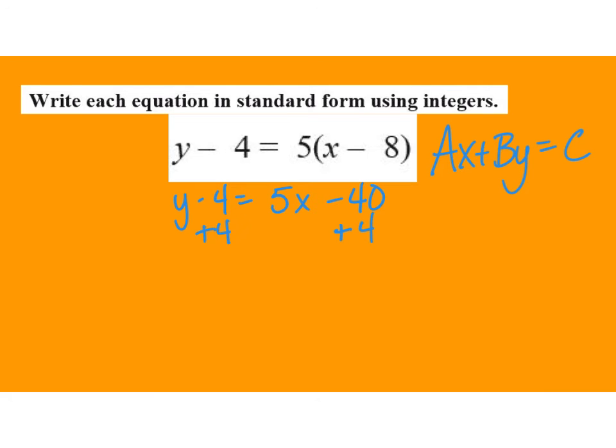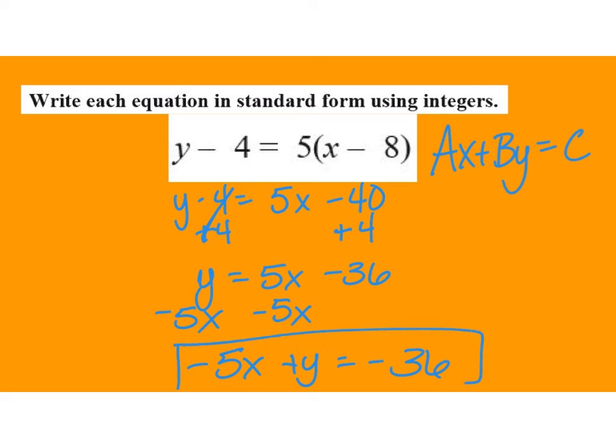To get those like terms together. So now I have y equals 5x minus 36. So we just went from point slope form to slope intercept form, correct? Now let's take it to standard form. What am I going to do? I need the x and y on the same side. Well, no, I'm going to subtract the 5x. I've got to move that guy over. So now I have negative 5x plus y equals negative 36. There's our equation in standard form.